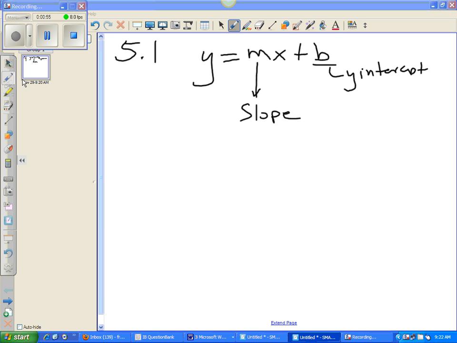So if you were to do your points, let me give an example of 3 comma 4. This is x and this is y. The other thing you need to remember is that the slope is always the rise over the run.